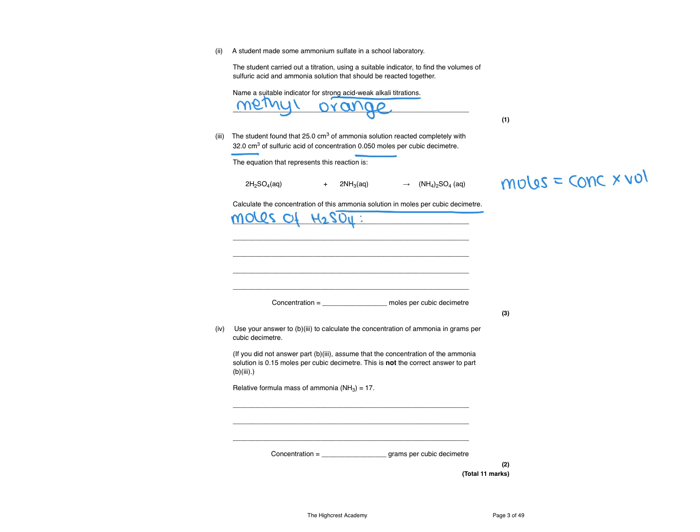This is going to be 32 over 1,000, because we want to get it to dm³, multiplied by the concentration, which is 0.050 moles per dm³. And this is going to give us a value of 0.0016 moles.